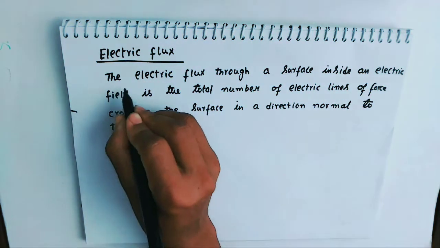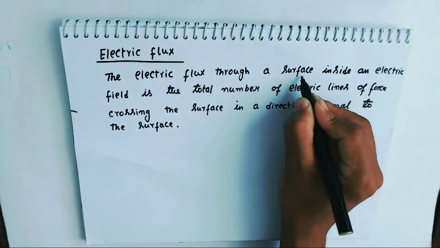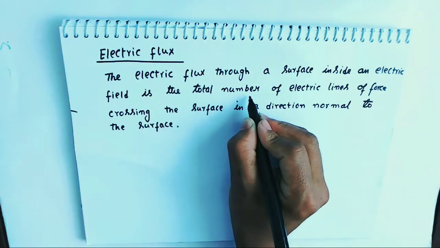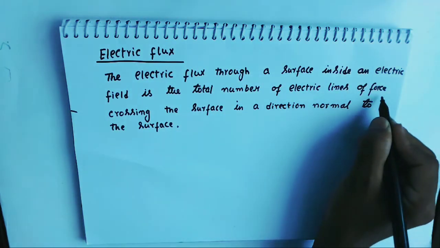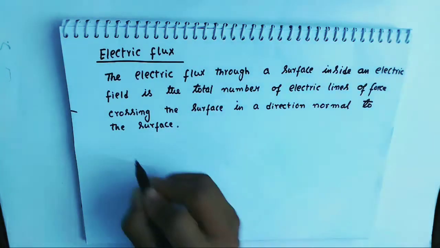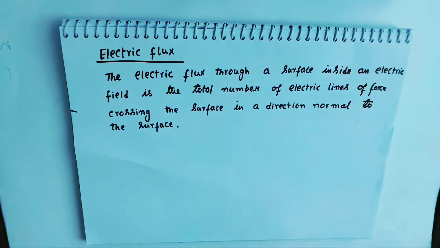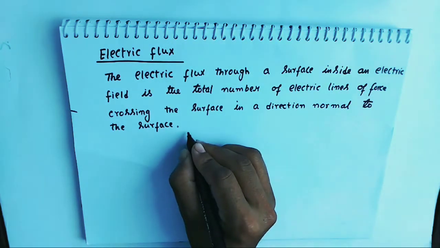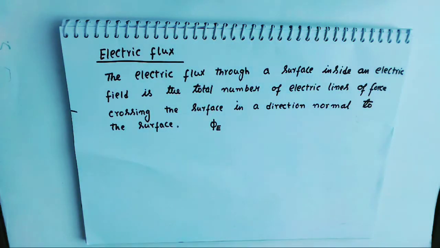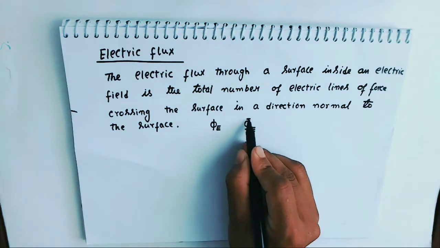So, the electric flux through a surface inside an electric field is the total number of electric lines of force crossing the surface in a direction normal to the surface. Basically, the electric flux through a surface is denoted by the symbol phi subscript E. But electric flux through a closed surface is denoted by the symbol phi E, like this.